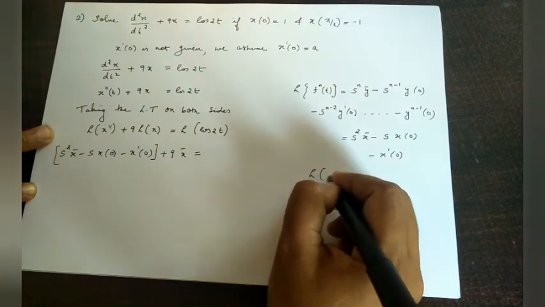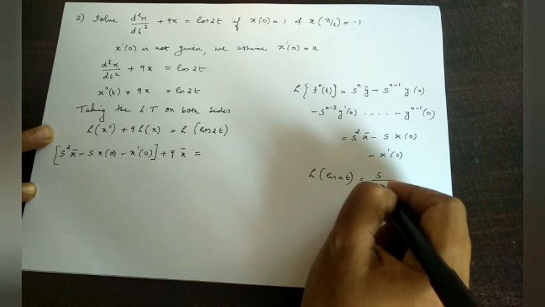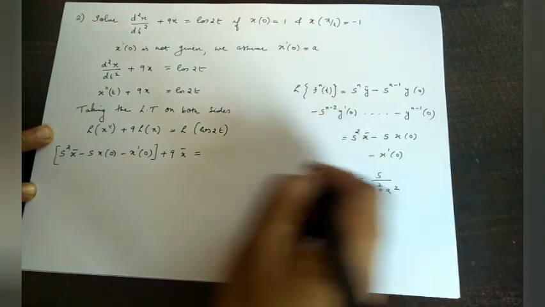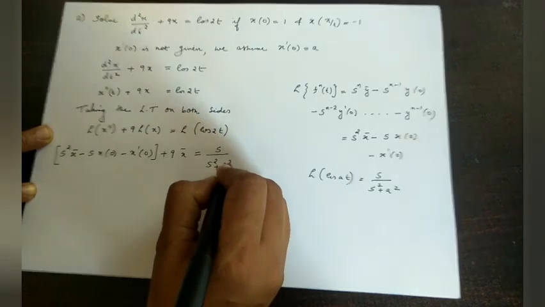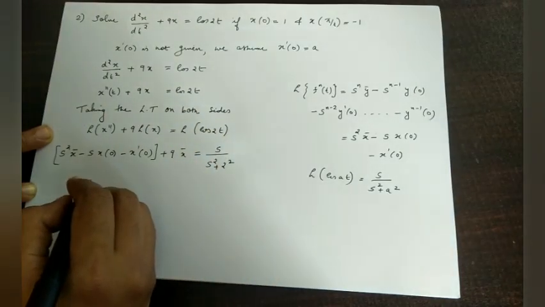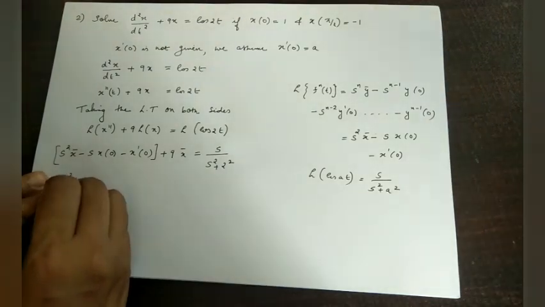What is the Laplace transform of cos at? It is s by s square plus a square. Therefore, here it is s by s square plus 2 square. Again, this can be written as s square x bar.